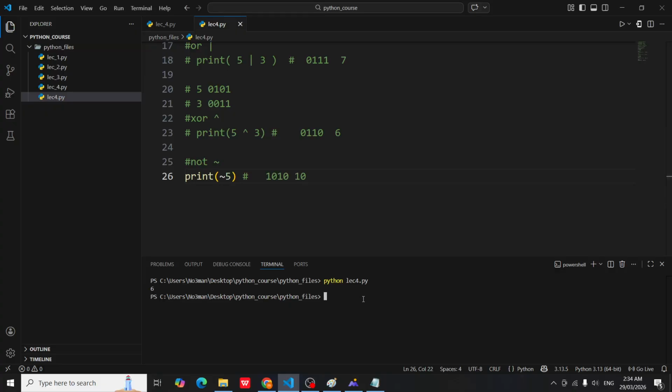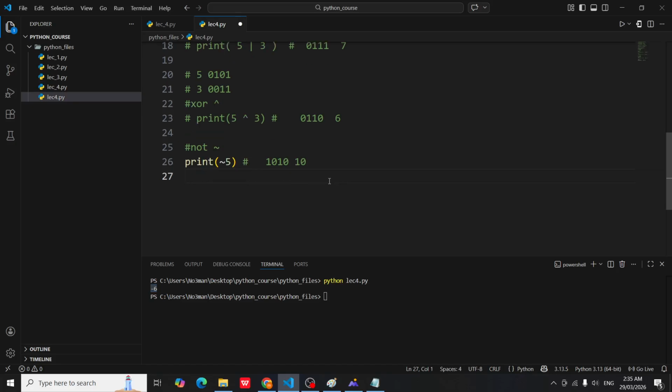Let's save the file, let's clear it and run again. So it gives us -6. So what is that? Why is this happening? Okay. 5 is not just 0 1 0 1.